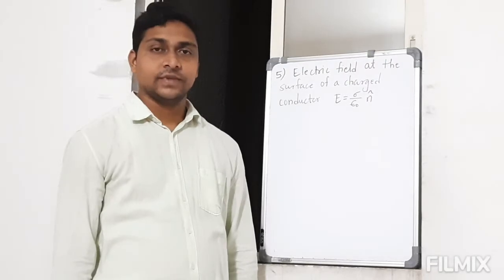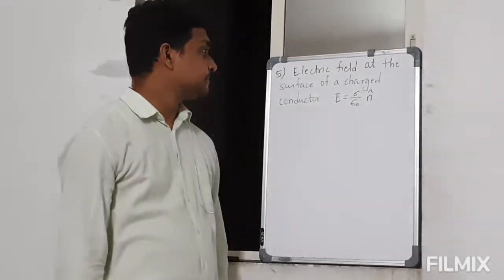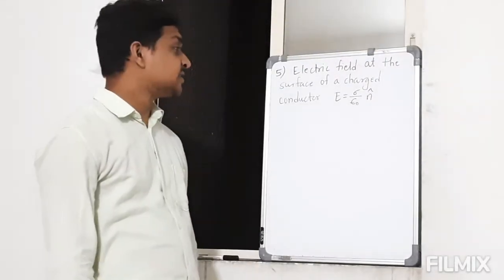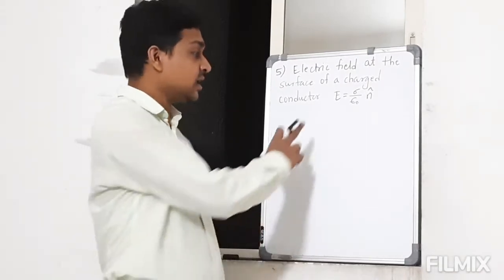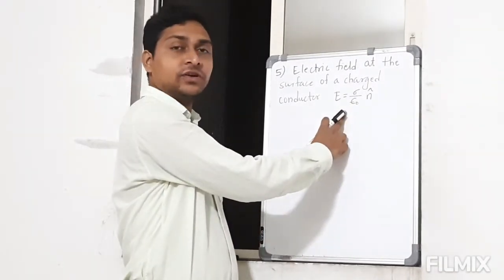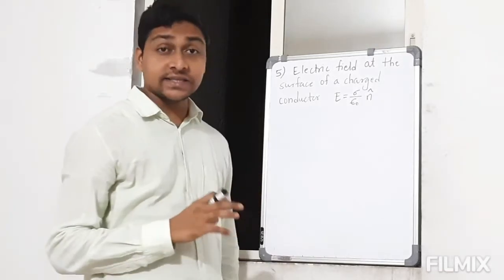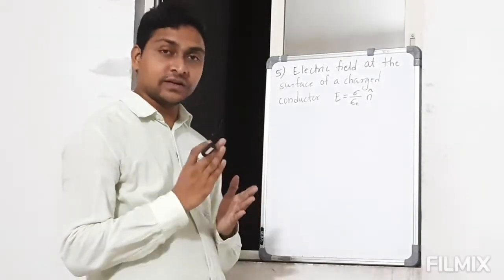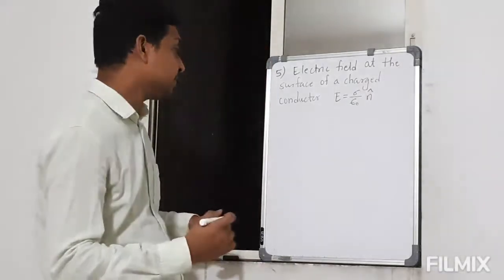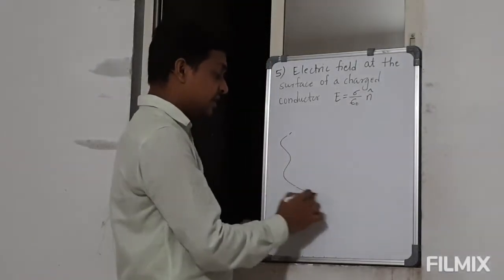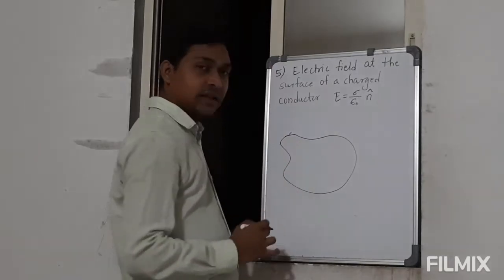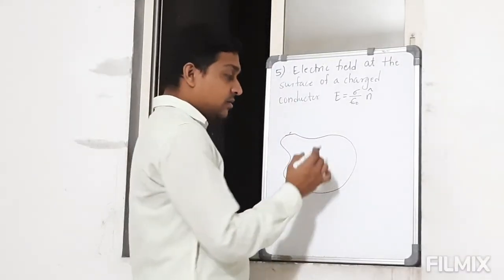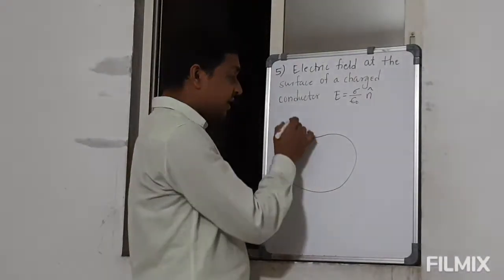Okay, now property number 5 is electric field at the surface of a charged conductor: E is equal to sigma upon epsilon naught n cap, where sigma is surface charge density, n cap is the unit vector normal outside. Okay, so consider any conductor like this. Now it is having the charge density, that is sigma.